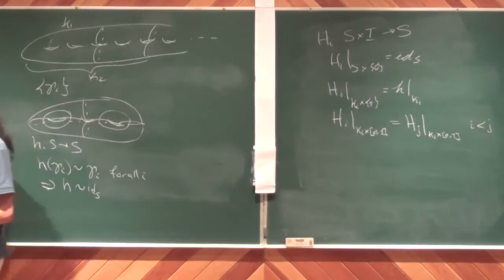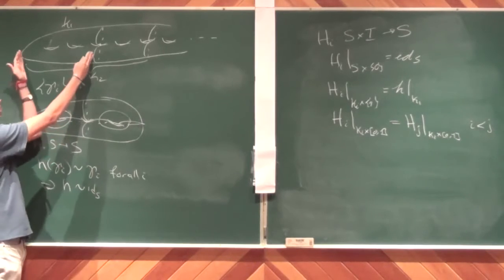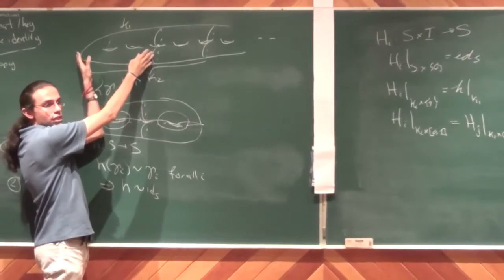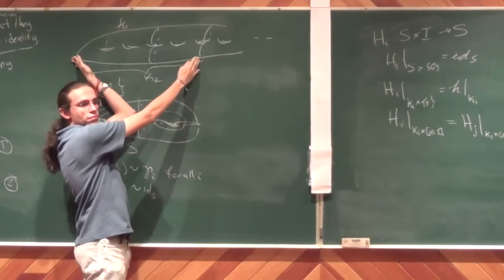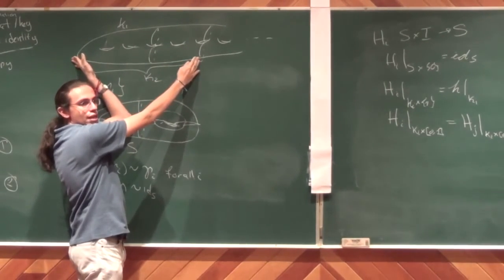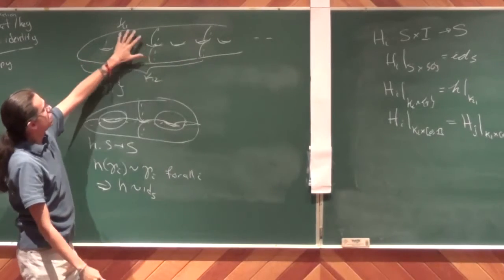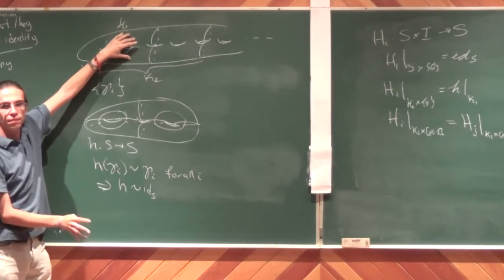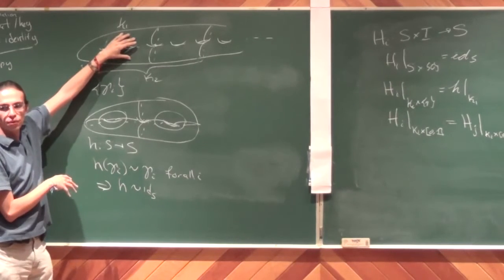What do we mean by that? I know that I have the homotopy here, but when we go to the following subsurface, the behavior of the homotopy in this part has to be the same as the homotopies before. Okay?